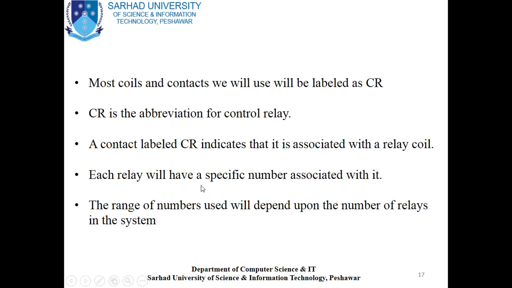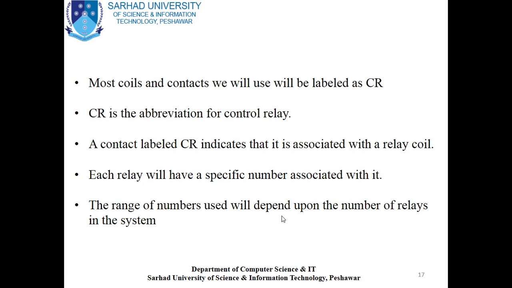Each relay will have a specific number associated with it. The range of numbers used will depend upon the number of relays in the system. We have different relays and different PLCs have different numbers of relays. It can be different from PLC to PLC.